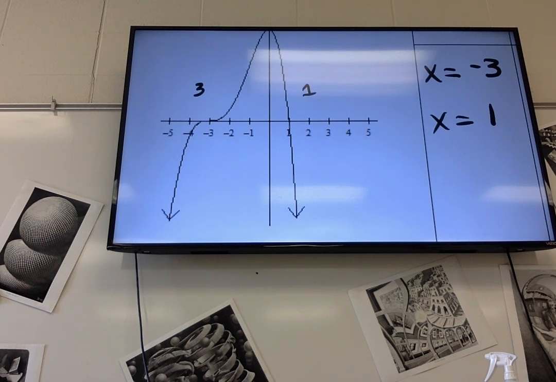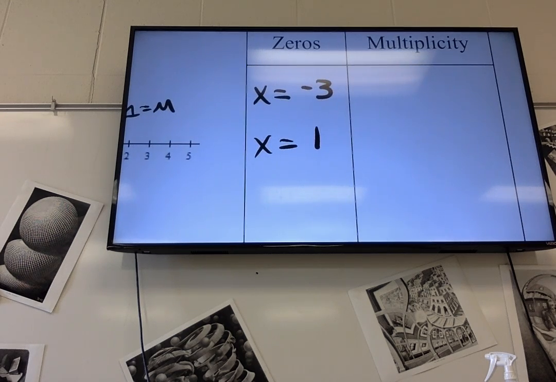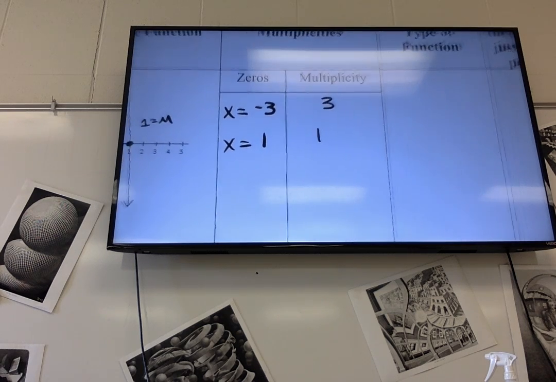Yeah. And these are multiplicities. So this one has a multiplicity of 3 and of 1.